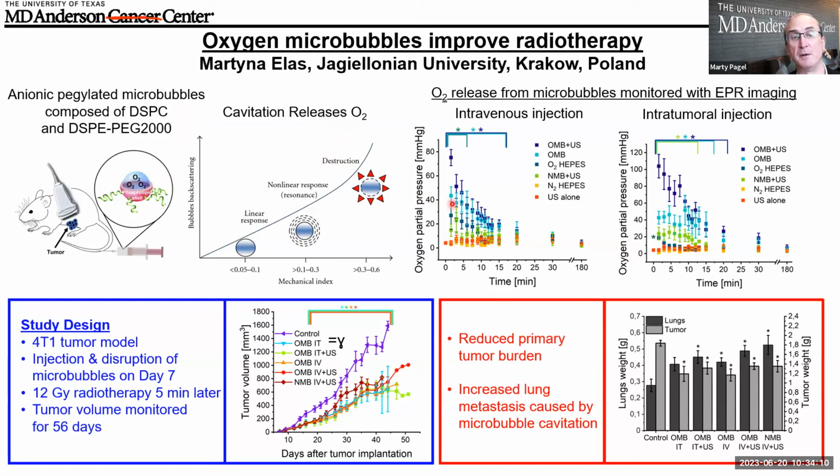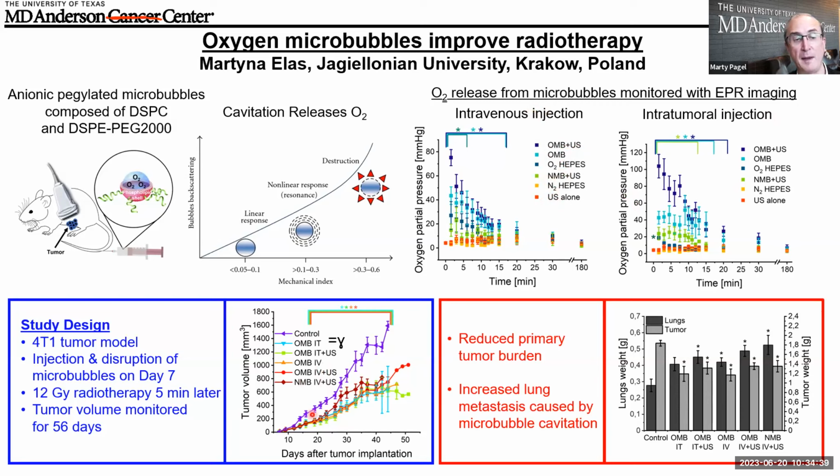With EPR imaging, you can measure the amount of oxygen that's in the tumor interacting with the free radical agent. So the free radical agent is not inside this microbubble to begin with, right? So this oxygen has been released into the tumor microenvironment. And you can see there's quite a burst effect with the microbubble and the ultrasound together relative to all of the control kinds of studies, right? And that can be done with an intravenous or intratumoral injection.